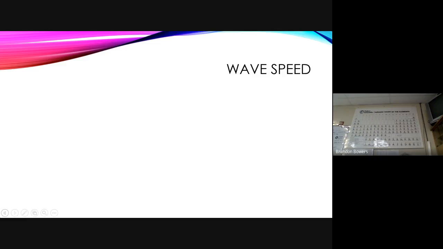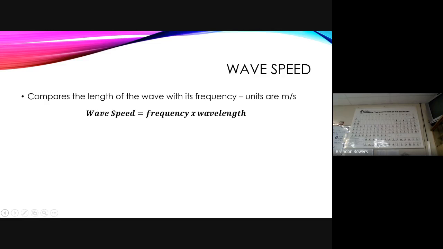Wave speed. What is the speed of a wave? It compares the length of a wave to how fast it occurs. Kind of makes sense, right? We know what speed is. We've learned speed, right? Now the speed of a wave is just the length of the wave with its frequency. And here's this equation.